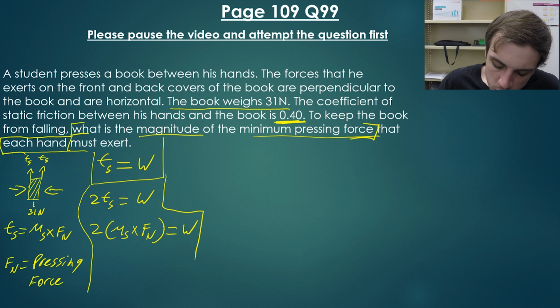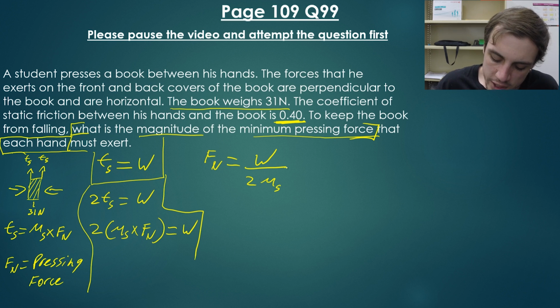So because we want the normal force, we can rearrange this. We can move the 2 over and we can move our coefficient over. So the normal force is equal to W divided by 2 times the coefficient of static friction.